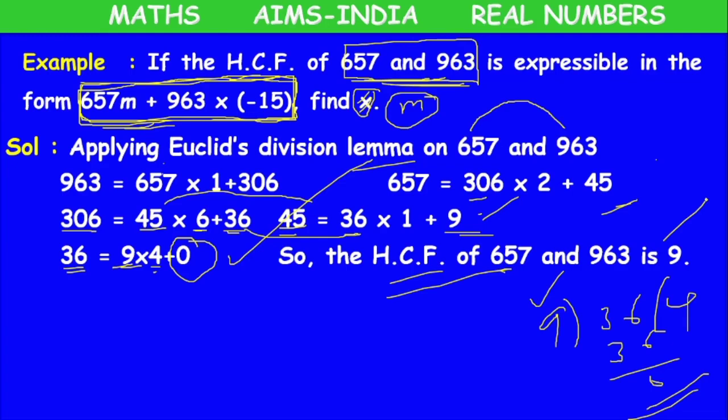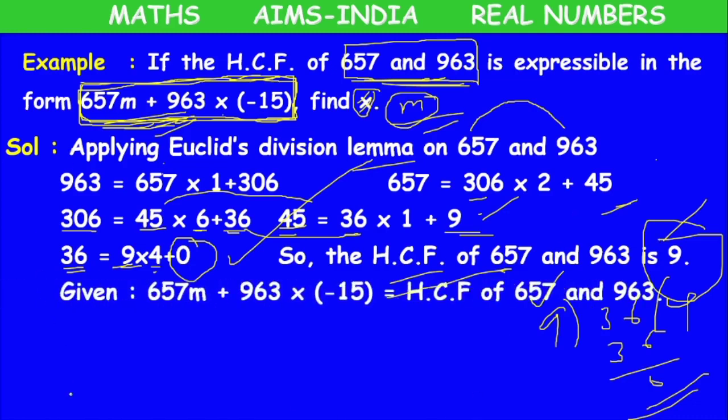But here what they asked, the HCF will be in the form of this expression. This expression, we have to find M. This expression is the HCF, so this value is equal to 9. We have to equate both of them.